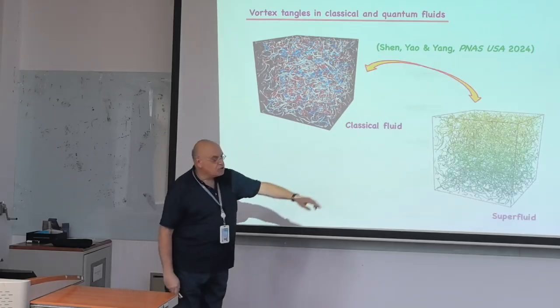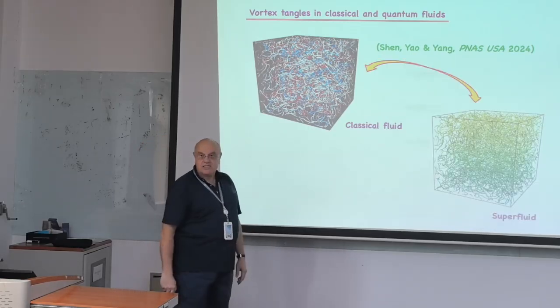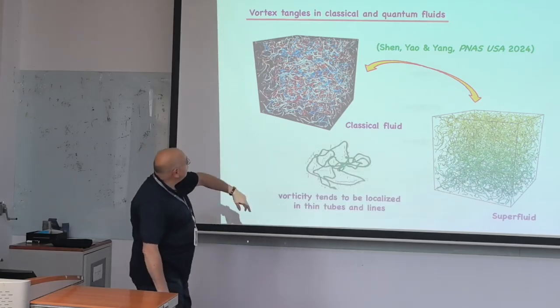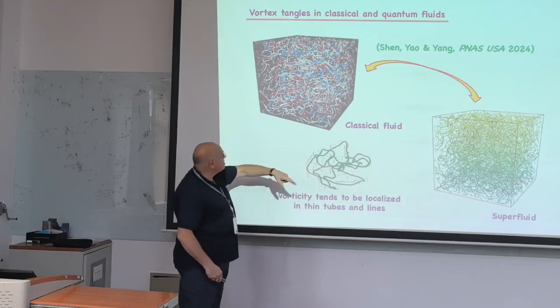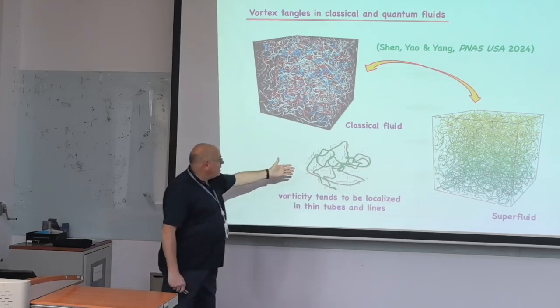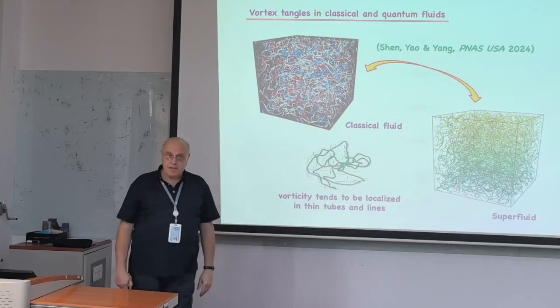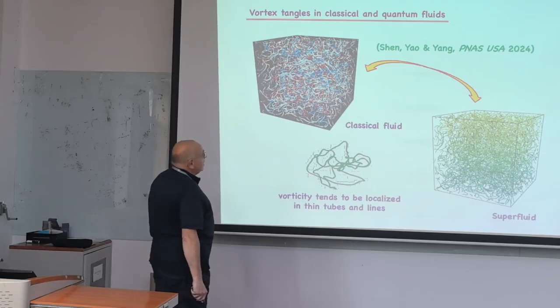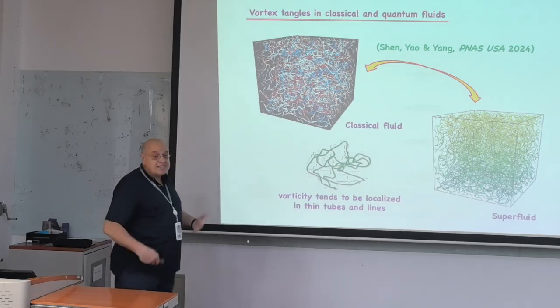By going to the quantum context. In the quantum context of superfluid, you can analyze this system and go back to the classical context by analyzing the information on the quantized version. And this is a very interesting pursuit.